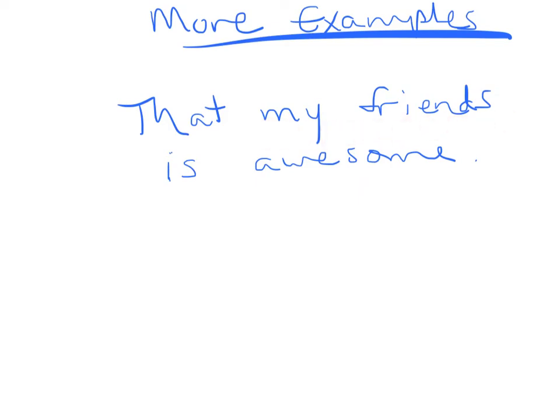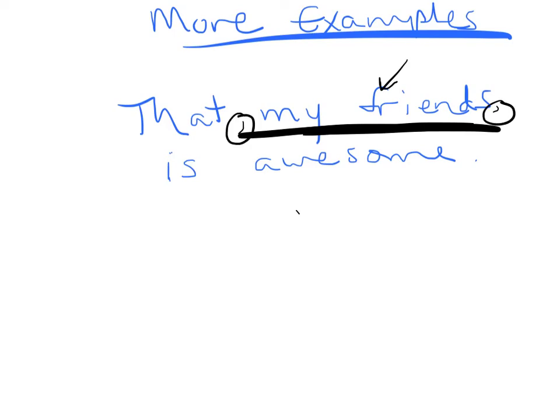The sentence makes sense on its own, when it says, "That is awesome." So, we're going to use our commas to separate the non-essential information, which is right here, "my friends." And now we have the essential information, "That is awesome," separated from the non-essentials, "my friends," by our friends, the commas.